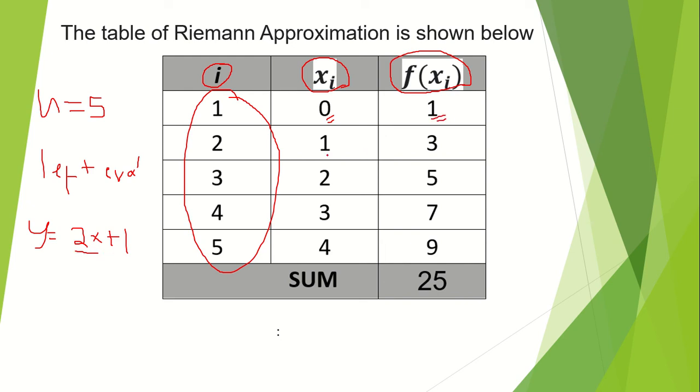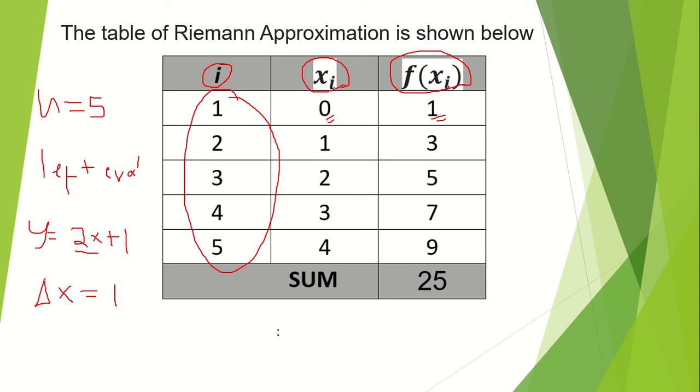Now for the second column, we have again 0, 1, 2, 3, 4. Since our delta x here is equal to 1, the difference between our x sub i is also 1.